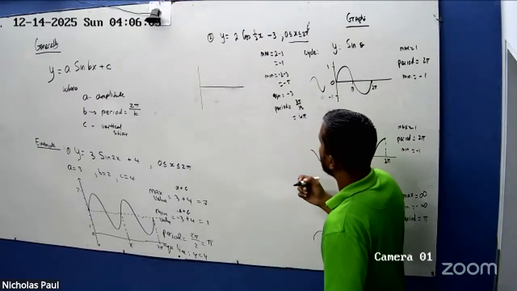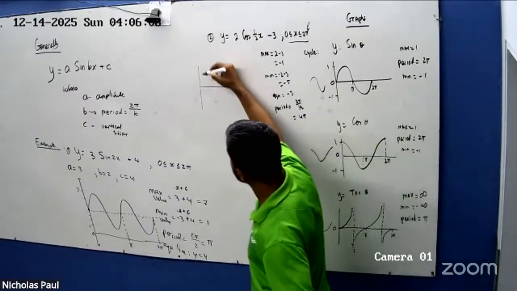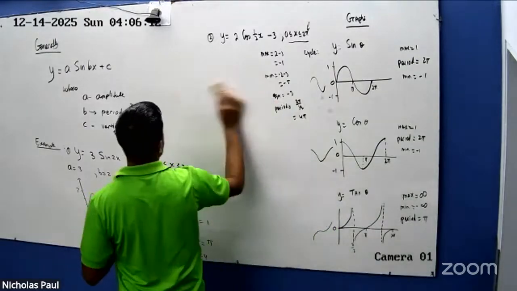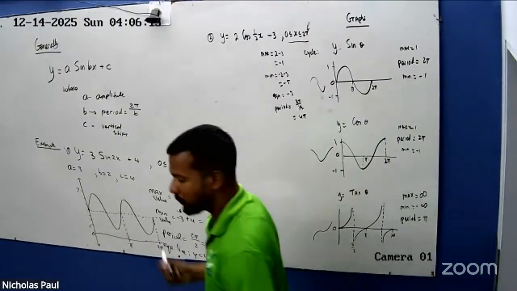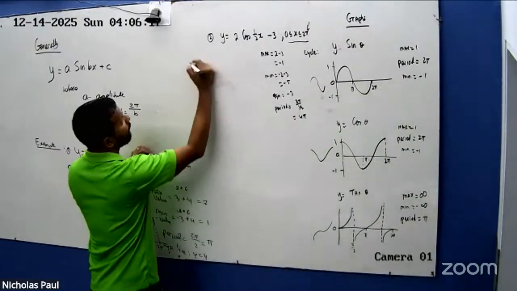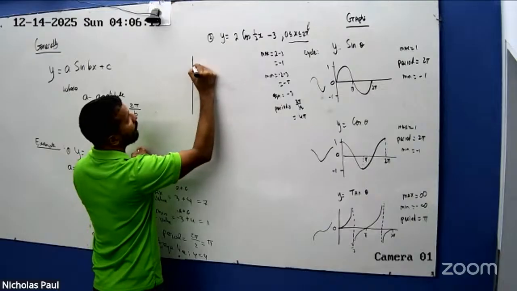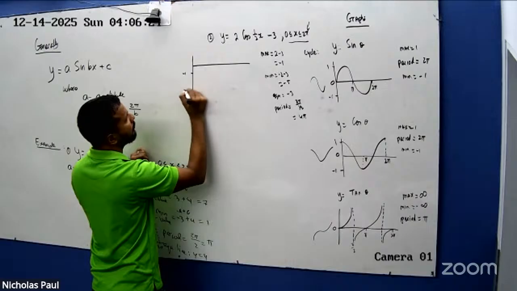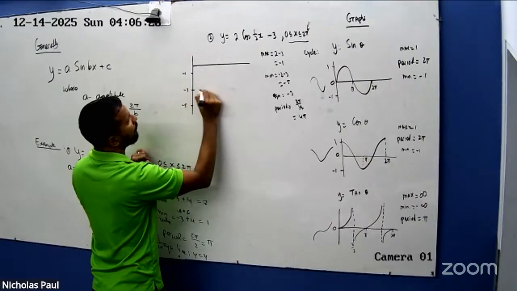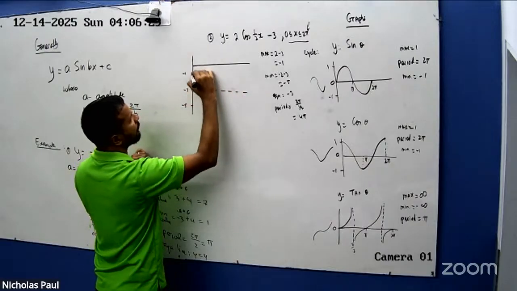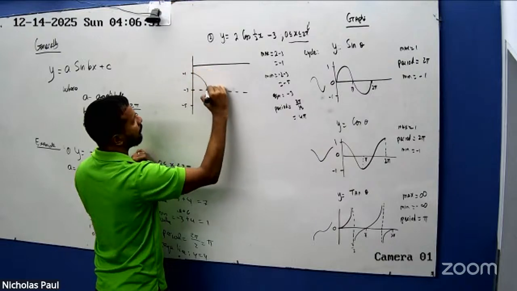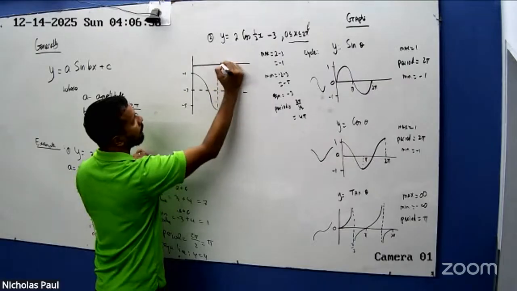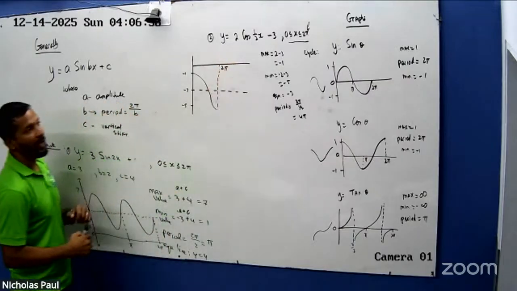So cosine, right? It will look something like that.